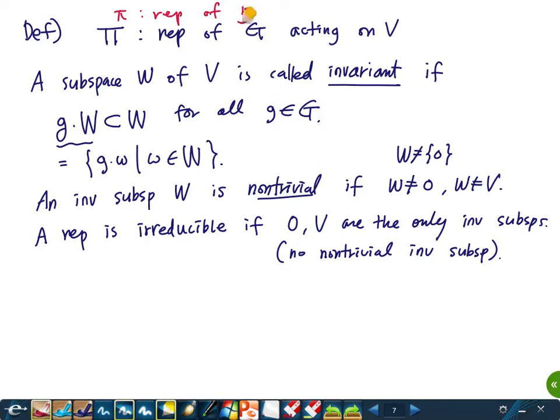So we can talk about invariant subspaces or irreducible representations, etc., for group representations or Lie algebra representations. Okay, and I will go to the next page.